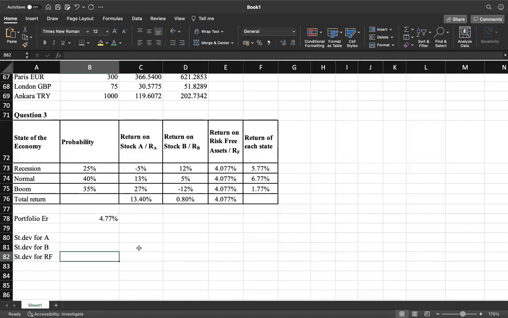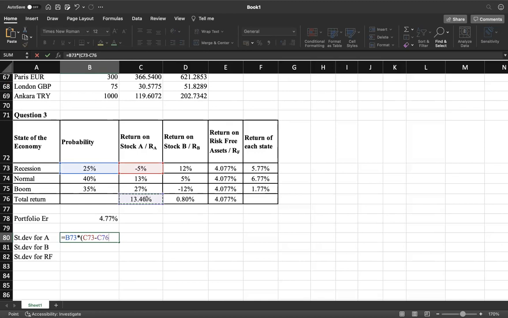You know that standard deviation formula is equal to probability times, you open the bracket, recession return minus expected return of the stock to the power of 2, plus normal probability multiplied by normal return of this stock minus expected return of this stock to the power of 2, and plus boom probability times boom return minus total return, expected return of this stock to the power of 2.